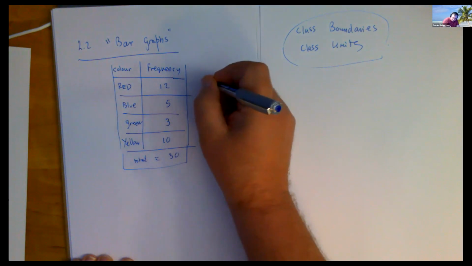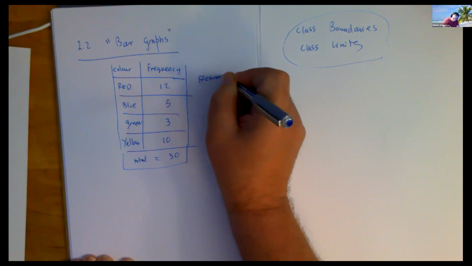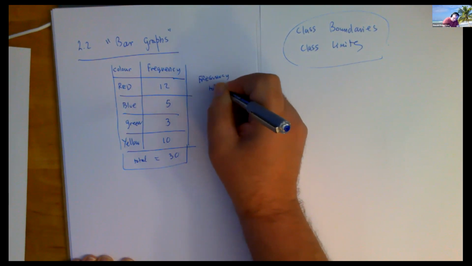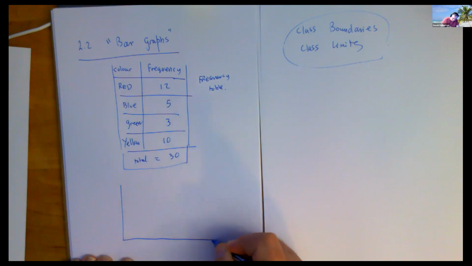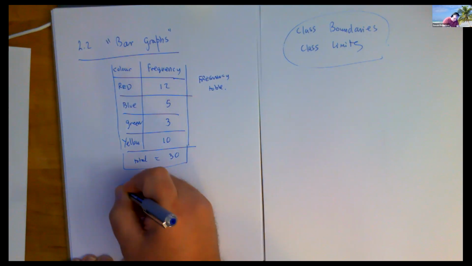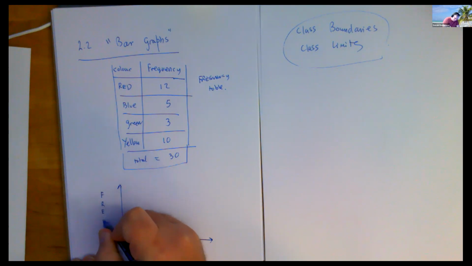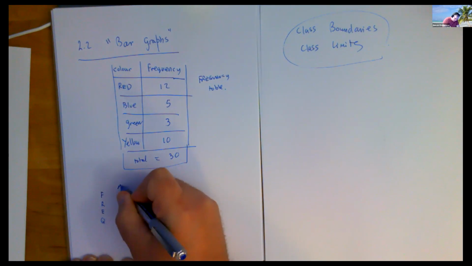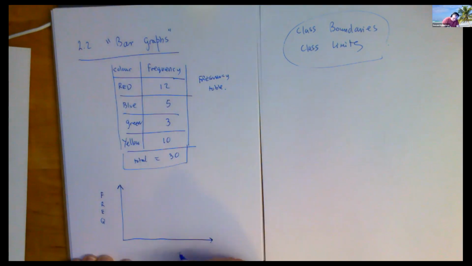So that's basically a frequency table. Now, when you do these types of diagrams, the vertical axis is the frequency and the horizontal axis is whatever the variable happened to be. In this case, the variable is color.